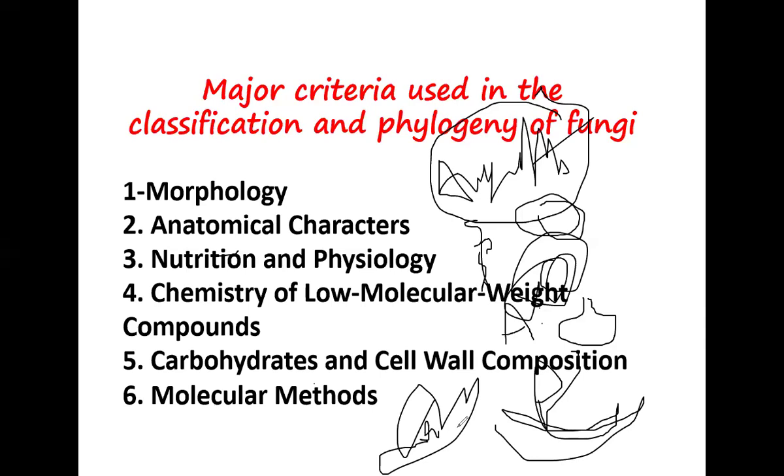What are the chemicals which are there? Steroids, alkaloids, proteins, peptides, chitin, what is the cell wall component variation? All that is taken into consideration in the classification of fungi.